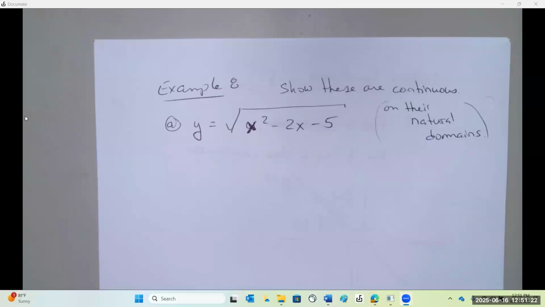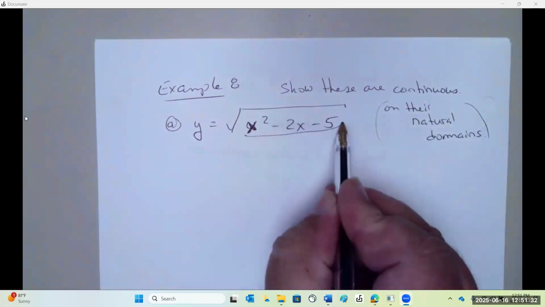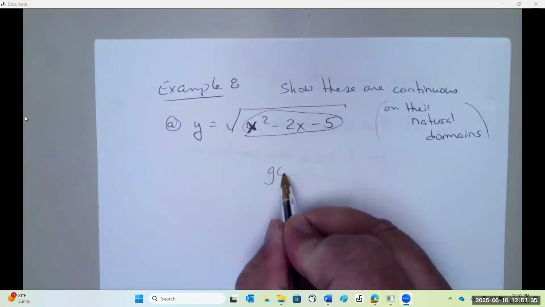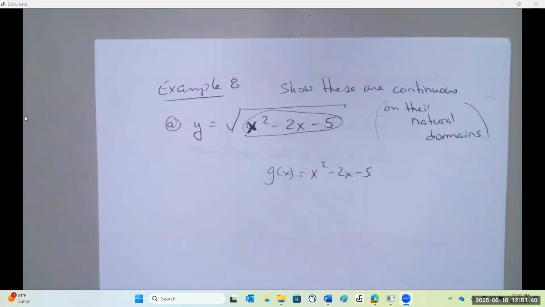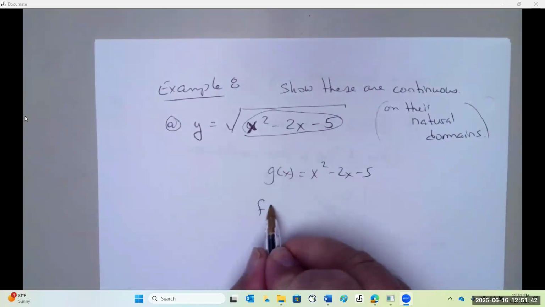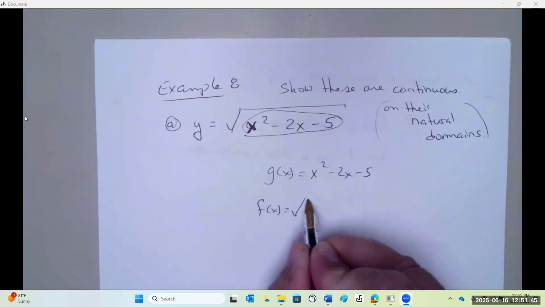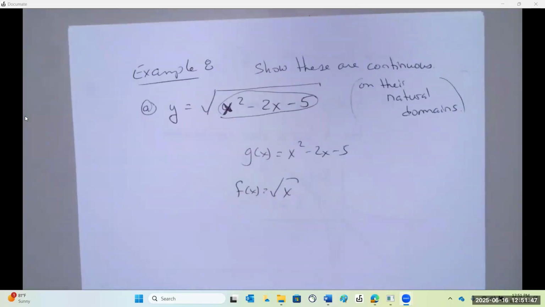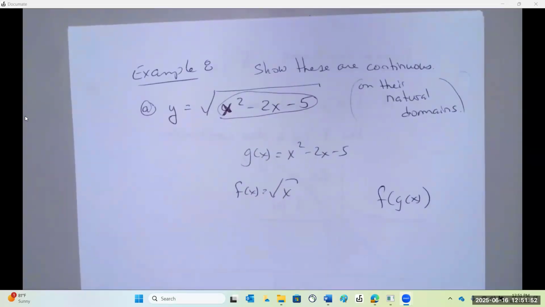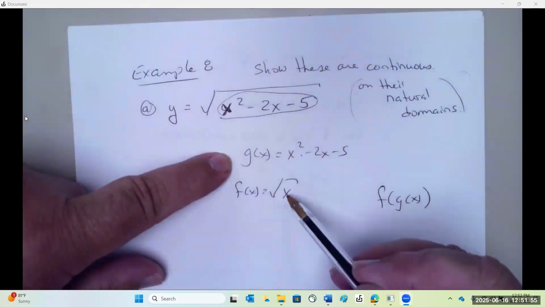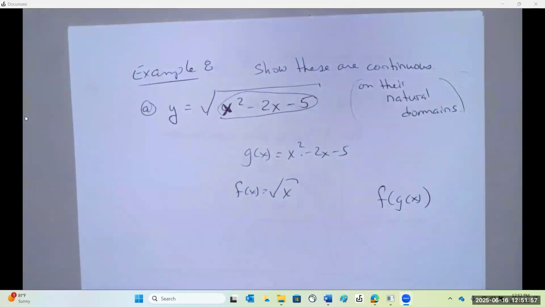Show that this is continuous. Is this a composite function? You have an internal function here, right? Then you have an outer function. The inside goes in here, so you have a composite function.